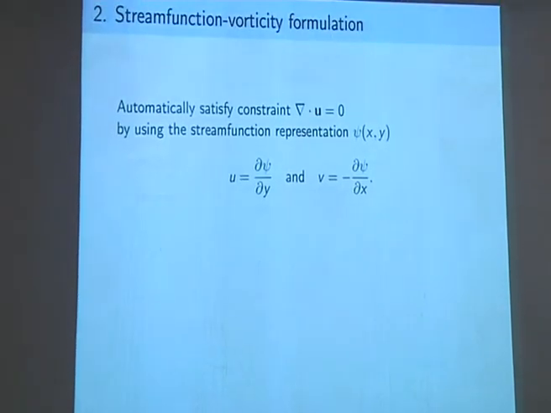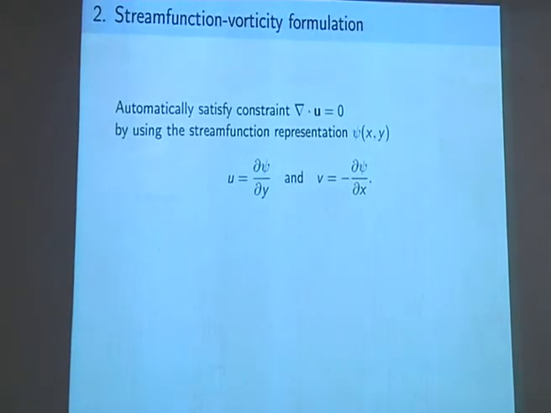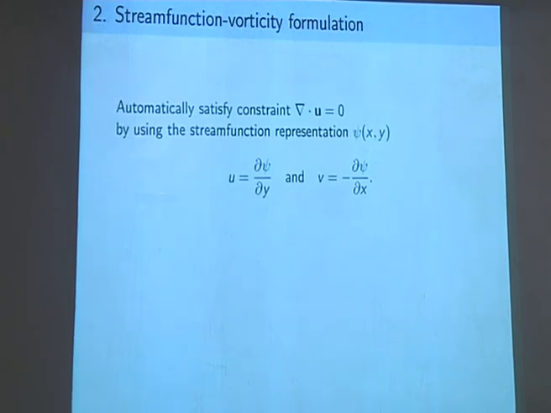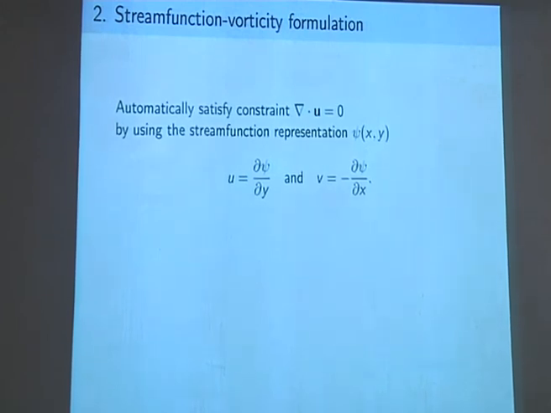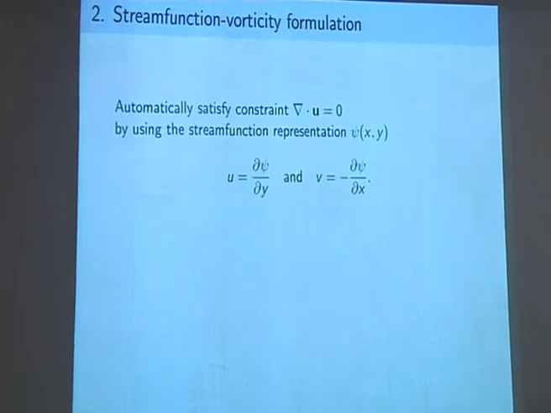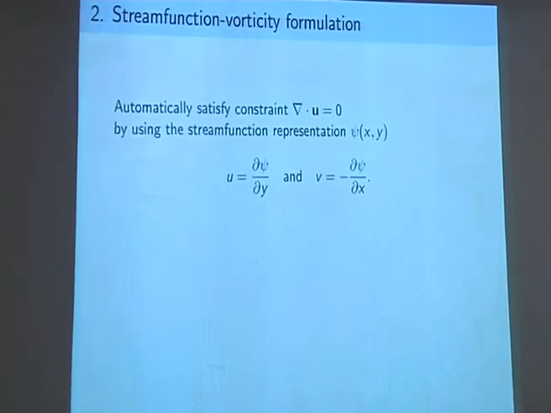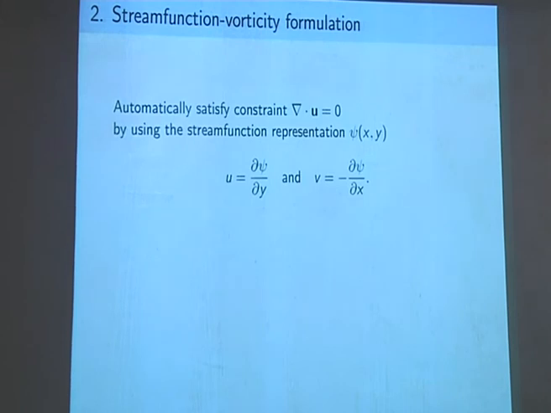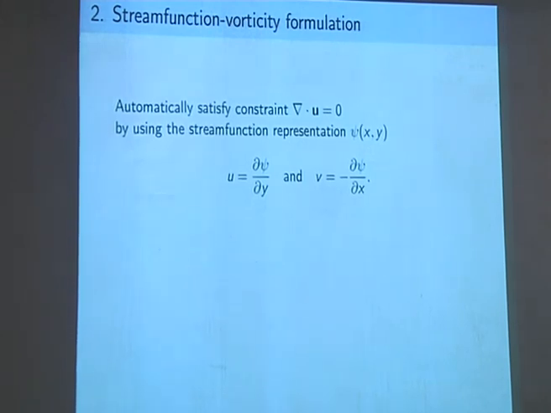Okay, so to automatically satisfy that the divergence of the velocity is 0, you introduce a stream function. I'm using psi. This only works in 2 dimensions, or axisymmetric can be made to work. Again, it's a sort of 2-dimensional problem.